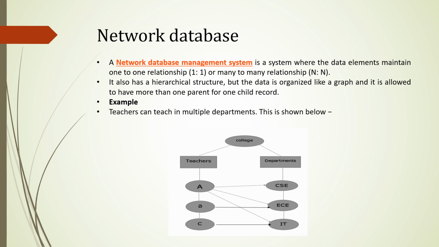Then coming to the third teacher C, she's taking in the IT department. That means a teacher A can take in any departments, any times. Now you can see here from B to ECE, that is one-to-one relationship, whereas from A to computer science, ECE and IT, this is one-to-many relationship. Okay, this is an example of a network database.